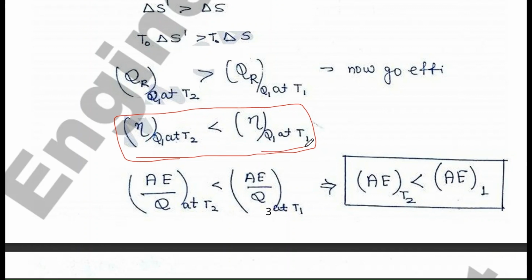So Q1 at T1, if we take heat directly at T1, then that efficiency will be greater than the efficiency that we take at T2, because here we are taking the heat supplied to be equal. Therefore, the entropy change will be there, and due to the entropy increment at lower temperature, the heat losses are more.